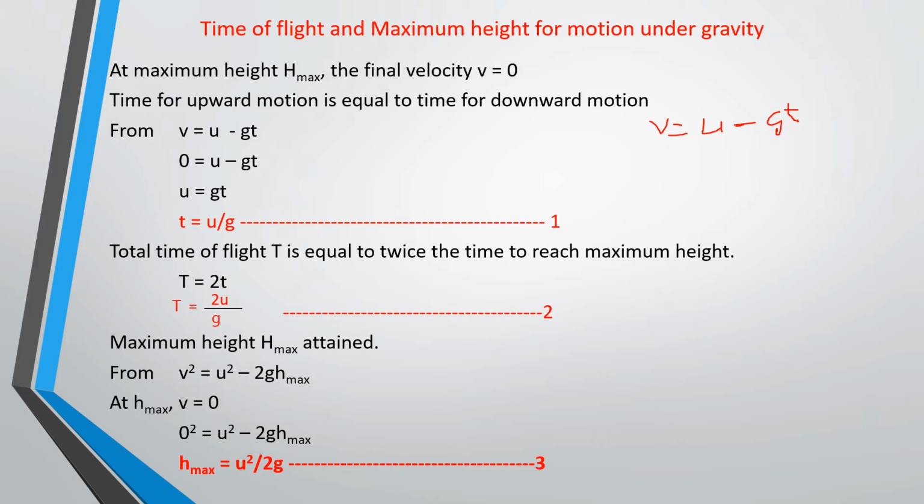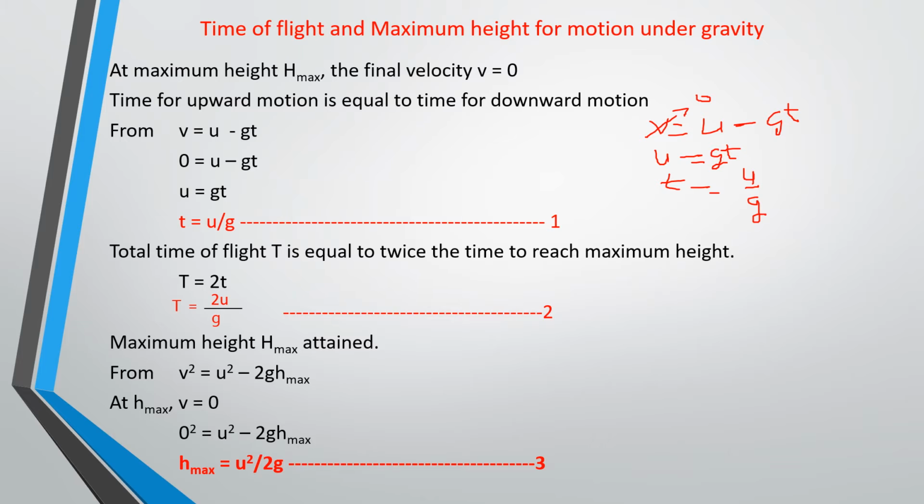So since at maximum height, final velocity is equal to 0, your u will be equal to gt, and your t will now be equal to u over g. So that gives you this equation to find the time to attain maximum height. Now, the time to attain maximum height is equal to the time to come down to the point of projection.